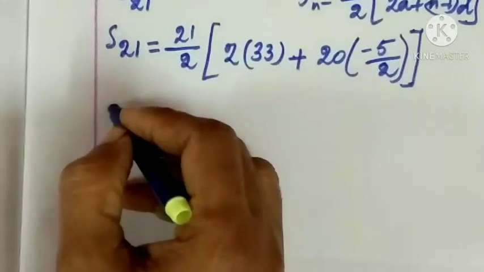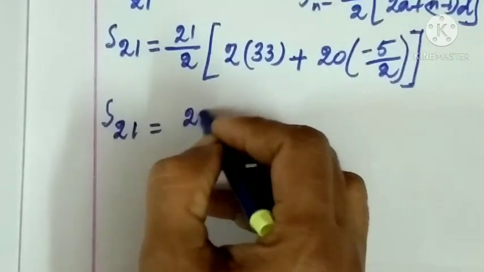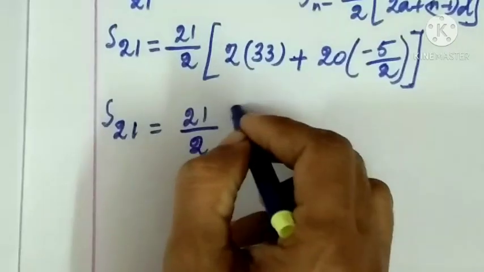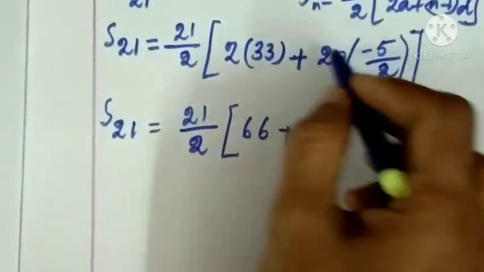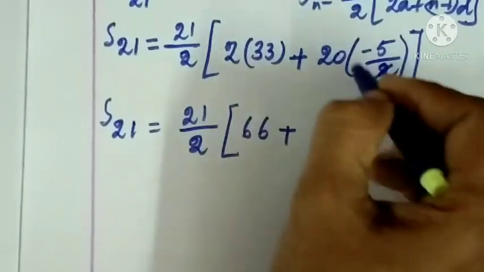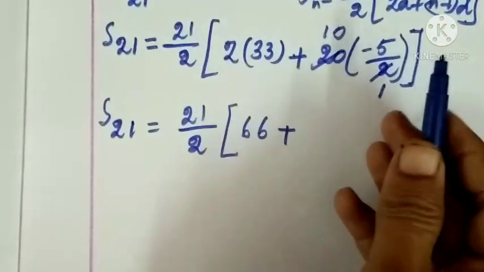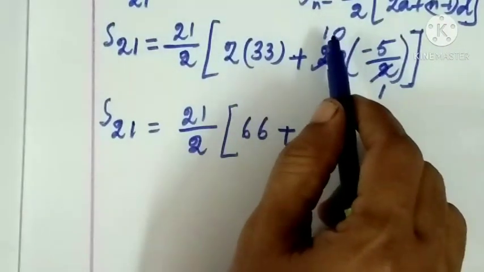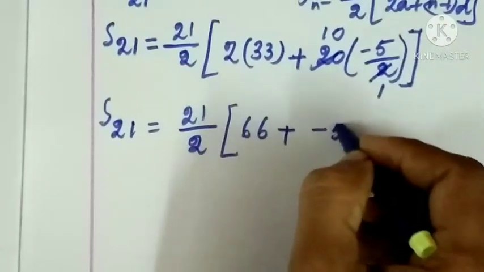Next you have to simplify this, means we get S21 is equal to 21 by 2 into 66 plus, cancel this by 2 table, 1 2 is 2, 10 2s are 20. Now you have to multiply 10 into minus 5, that is minus 50.